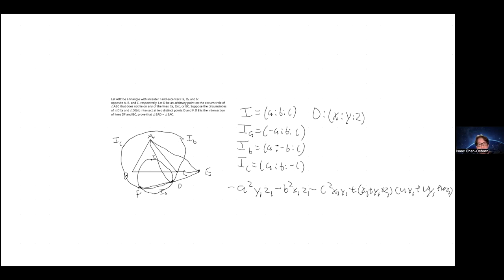And so now, to solve for this, we can substitute I, I_A, and D into these equations.